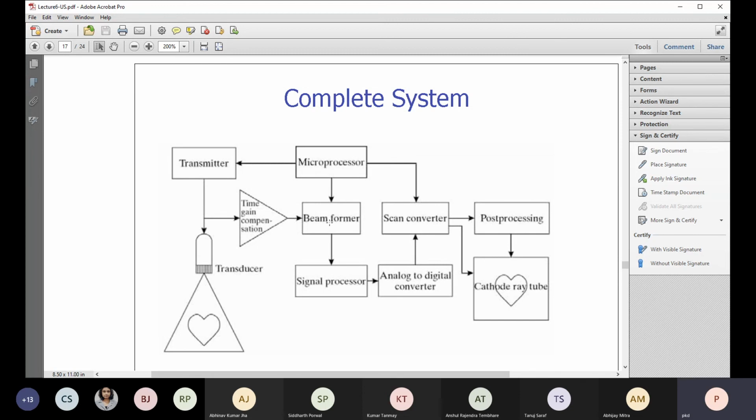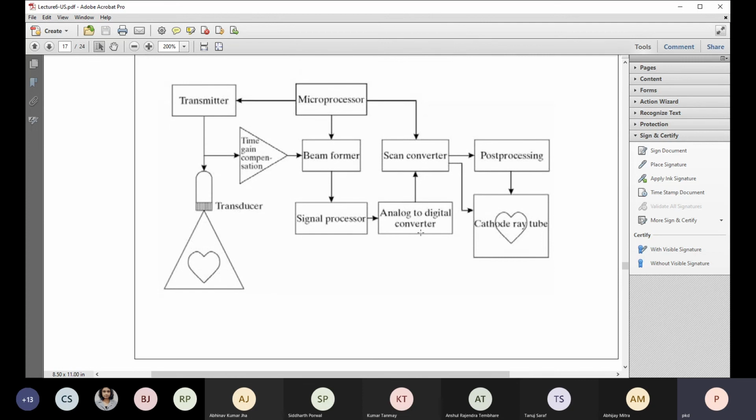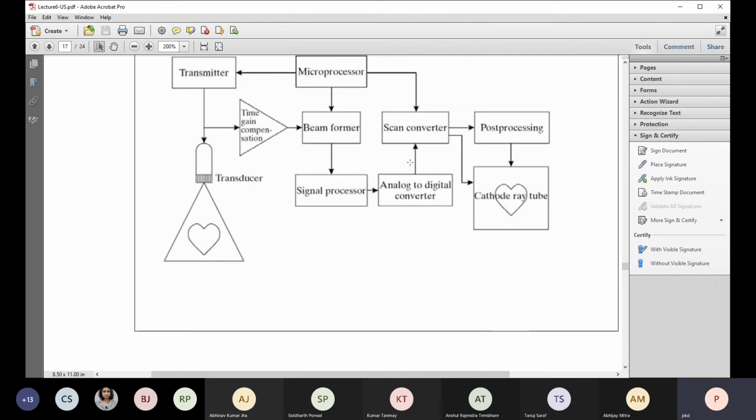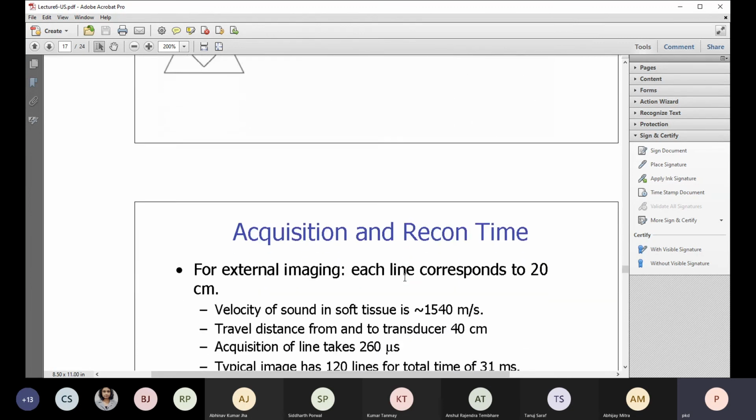The scan converter is converting that depth information and the XY information together. Then there can be some post-processing that I was talking of for reconstruction.